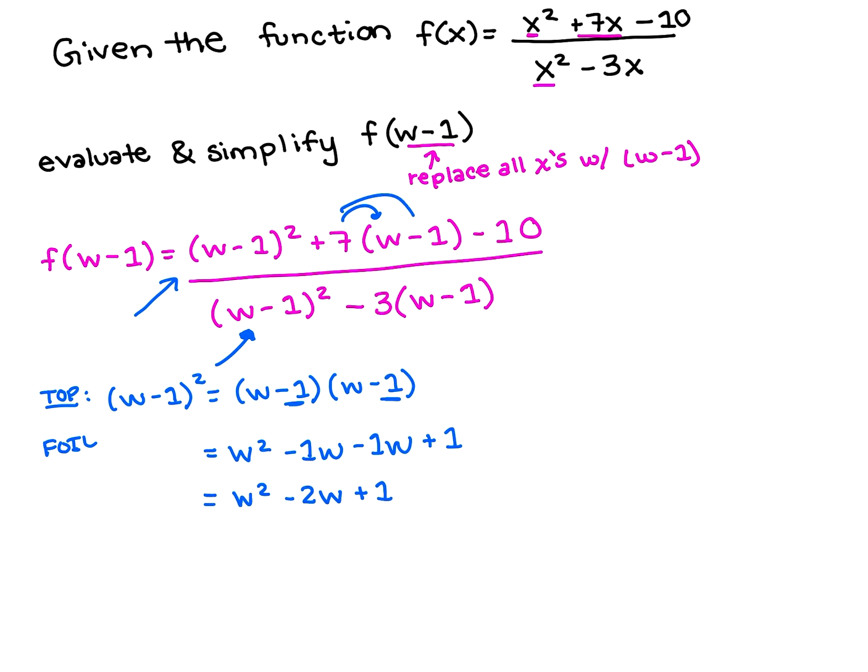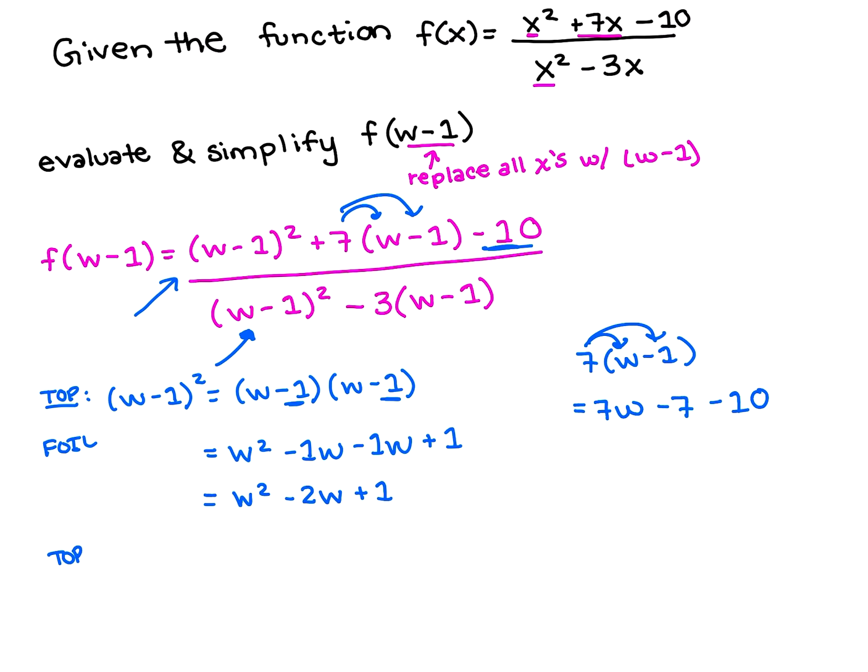So we need to distribute this out. So we have 7 times w minus 1, which is going to give us 7w, and then 7 times negative 1 is going to give us a minus 7. And the last term on the top is a minus 10, so we're going to carry that down here too.